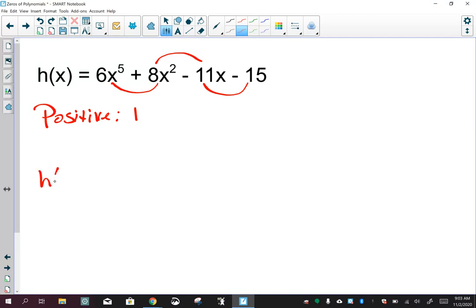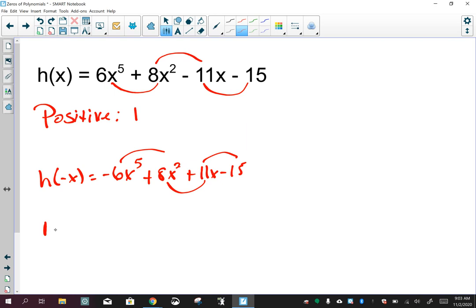So for my h, when I plug in a negative, I get negative 6x to the fifth plus 8x squared plus 11x minus 15. So yep, nope, and yep. So my negatives is going to be 2.